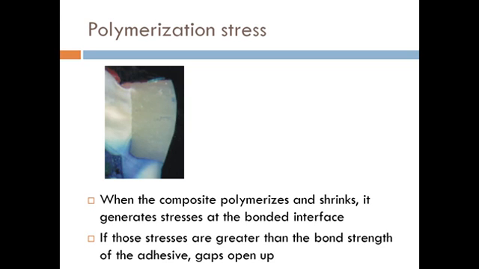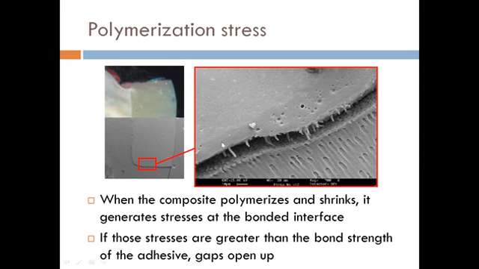But one of the causes for this, because that restoration was not subjected to any cariogenic challenge, it was not stored in the presence of bacteria or anything, the only thing that we can relate this to in this case is the polymerization stress that made a gap, as you can see from the micrograph, at the interface. This is a blown up image where you can see this gap that's being formed. And this has been correlated in many studies with increased microleakage and in vitro caries formation.